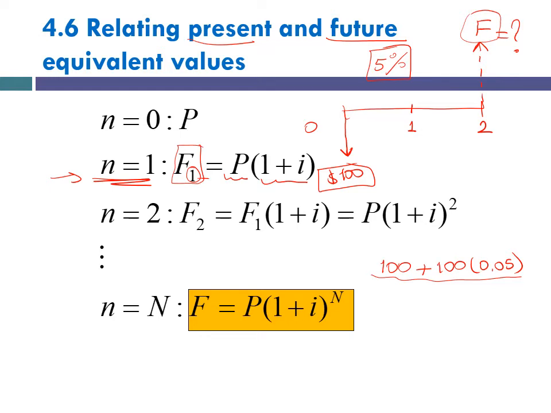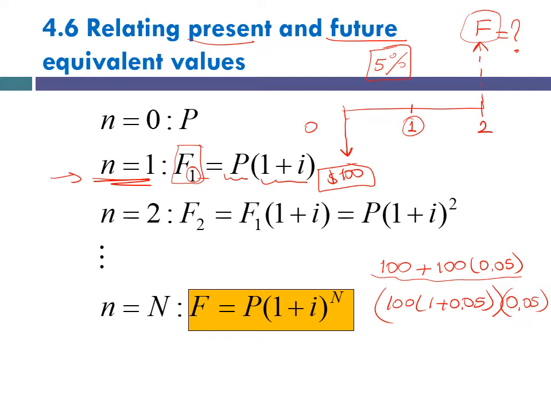So this amount is 100 times (1 plus 0.05). This is the amount that we own after the first year. Then, for this amount, we will earn an interest of this amount for the second year. This is the interest that we will earn for the second year.